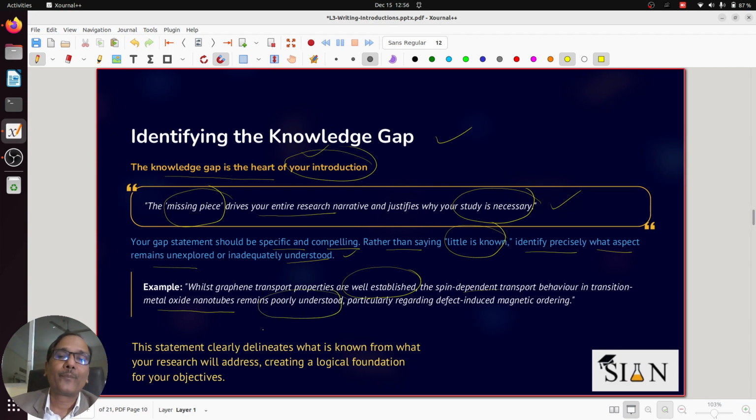There is a gap, particularly regarding defect-induced magnetic ordering. This shows the defect and its importance. It's not been presented so far, and that's why I'm writing this paper. This statement clearly delineates what is known from what your research will address, creating a logical foundation for your objective.